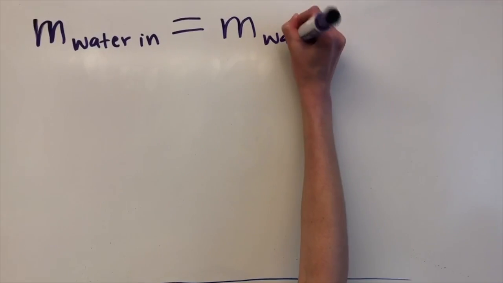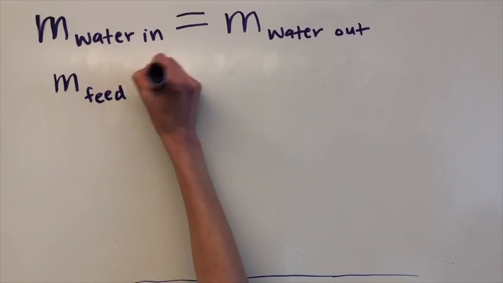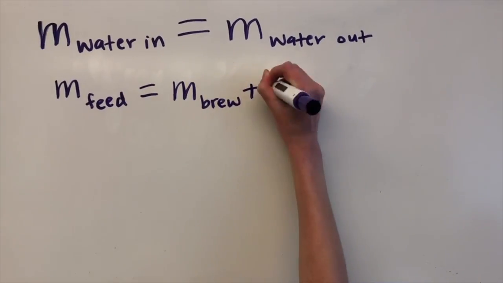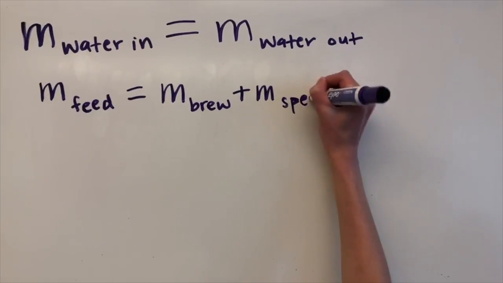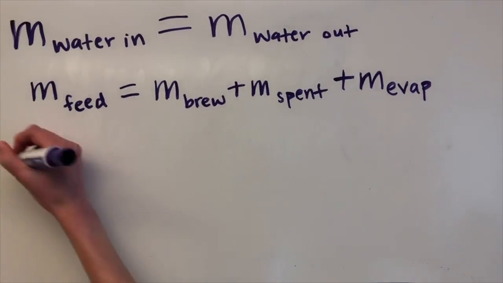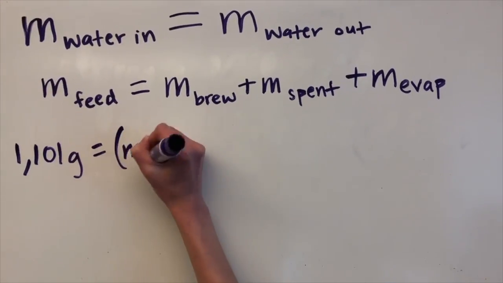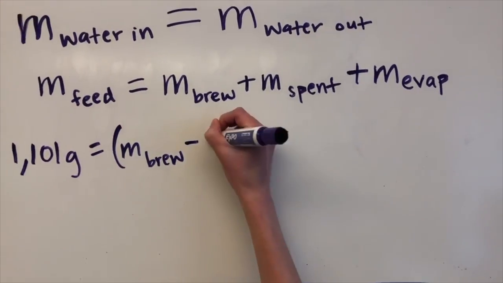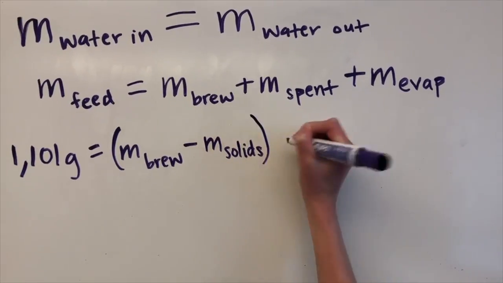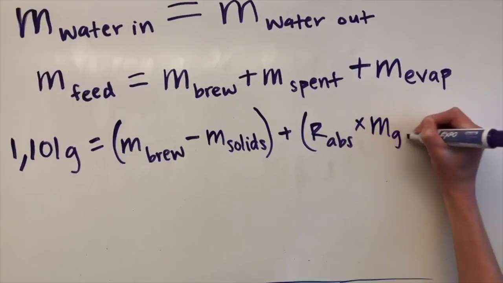For the mass balance of water, we used a similar equation. The hot water fed into the grounds must equal the total mass of water in the brew, mass of water absorbed by the grounds, and the mass of water evaporated. Once again, we had already measured the mass of hot water, so we can just plug in that value. We can estimate the water in the brew by subtracting the mass of coffee solids from the total mass of brew.